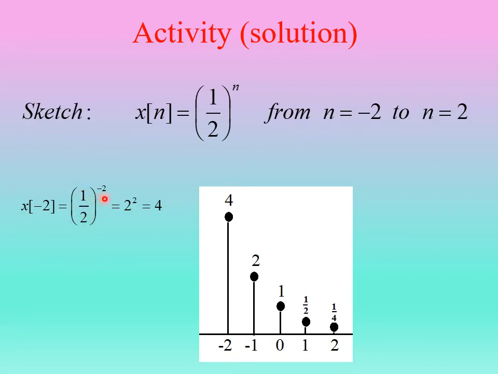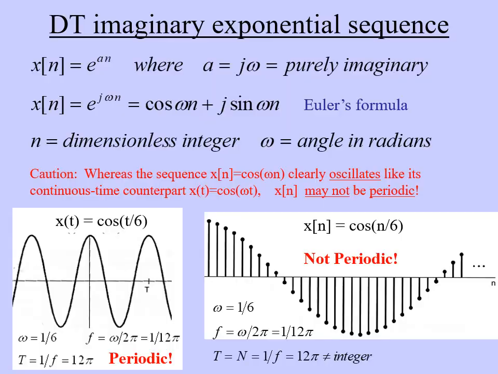So 1/2 to the -2 is the same as 2 squared, which is 4. That's how you do the -1 case too. So this sequence, when n is -2, has a value of 4, and then it goes 2, 1, 1/2, and 1/4. If you didn't get that, make sure you go back right now and redo this and understand it.